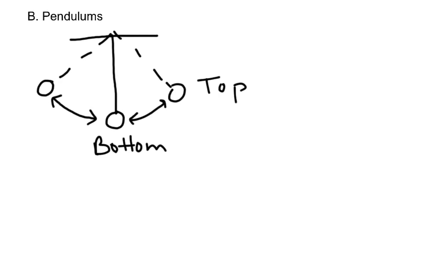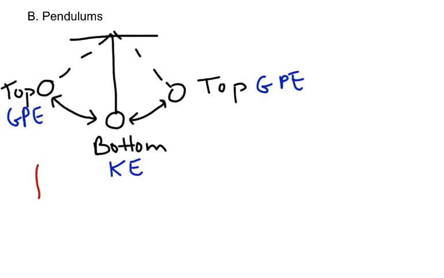So at the bottom, it's all kinetic. At the top, it's all gravitational potential energy. This side also, on the left side, is also the top of the swing, so Bob has gravitational potential energy. Now what if we're right in the middle, for example?